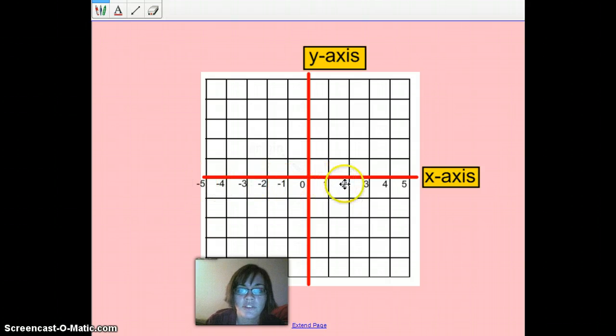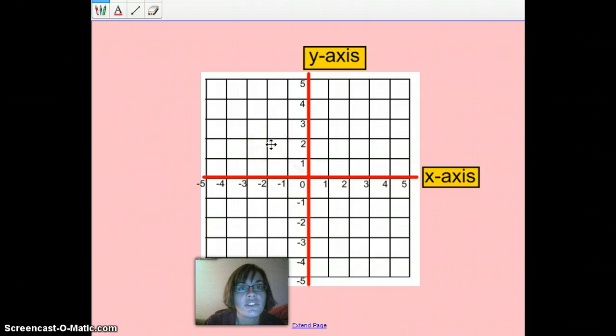So you have your 1, 2, 3 to the right, and -1, -2, -3 to the left. The y-axis is the same way. When it's above 0, that's where you're going to have your positive numbers, and when it's below 0, that's when you're going to have your negative numbers.